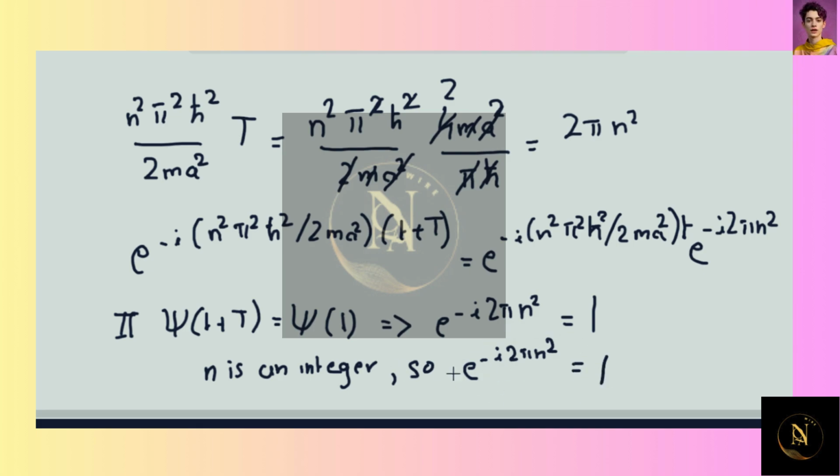So this is always true because n is an integer. You can explicitly evaluate this because e to the power minus i 2π n² equals cos 2π n² plus i sin 2π n², and the value of the cosine at integral multiples of 2π is always equal to 1, and the value of sine at integral multiples of 2π is equal to 0, so it evaluates to 1.